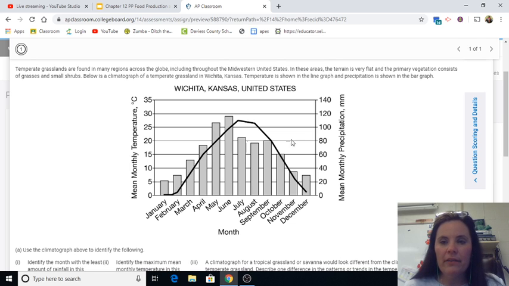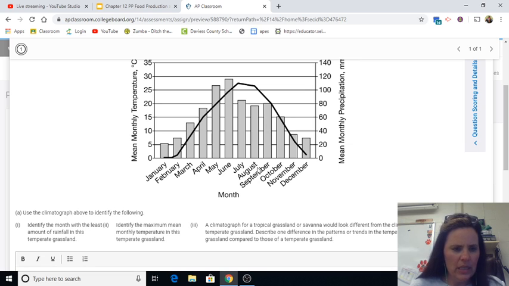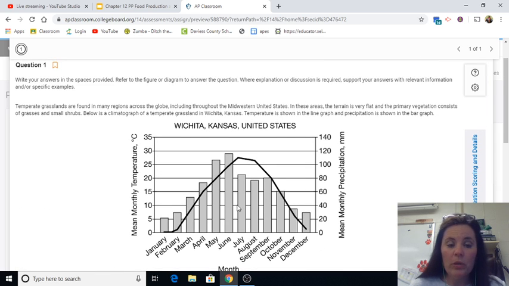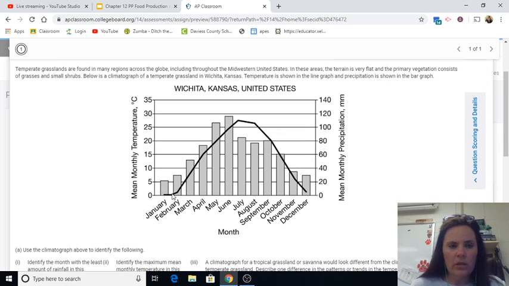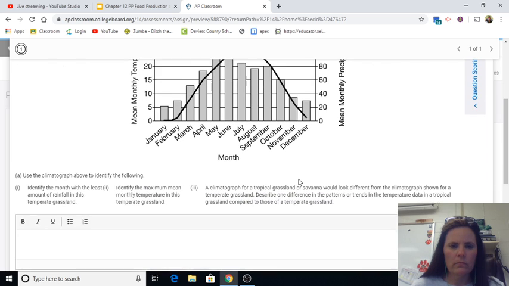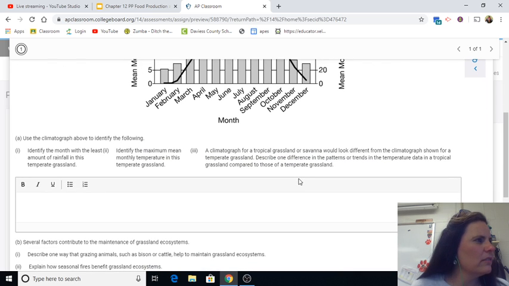So we have our line here, right? And we have our bars. So our bars are our temperature, our line is precipitation. Does that feel right?